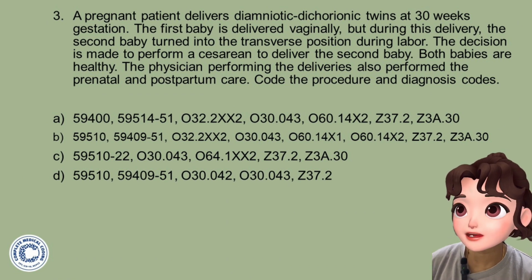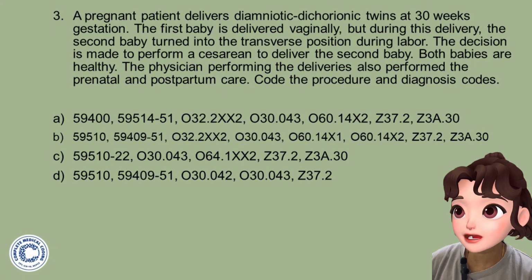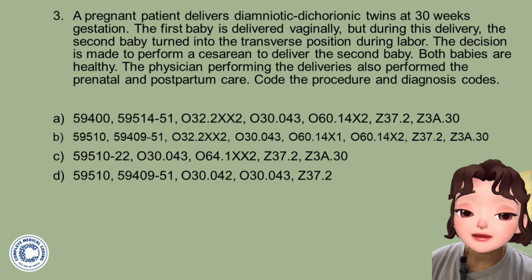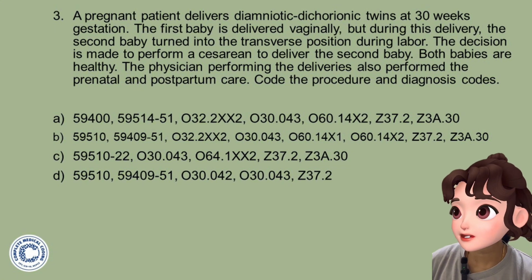That's why it's mentioned in the question that both babies are healthy. If the question did not mention whether the babies were healthy or live, then it's not necessary to code that. But here we have to code it. So Z37.2. These are the ICD codes that you have to code.